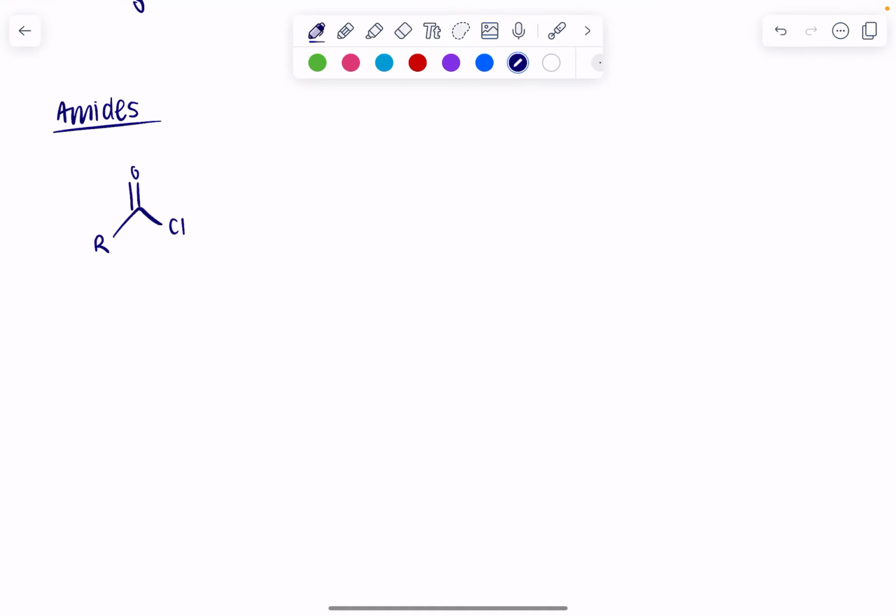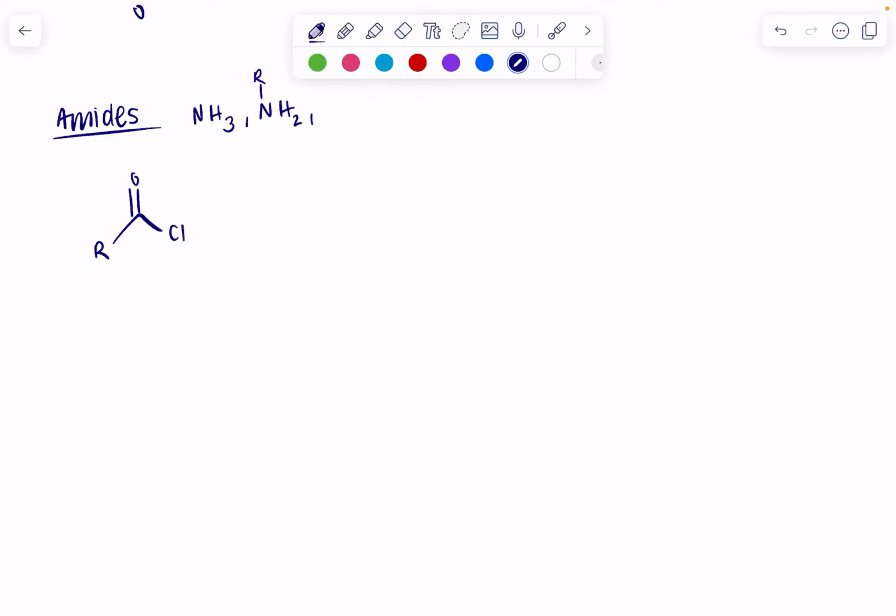All right, so let's take an acid chloride, a carboxylic acid derivative, and convert it to an amide. Remembering that amides can be created using NH3 or NH2 with an R group on it, or NH with R, R, and H. We can't use a tertiary, so R, R, R is out of the question, because we need a hydrogen on there.